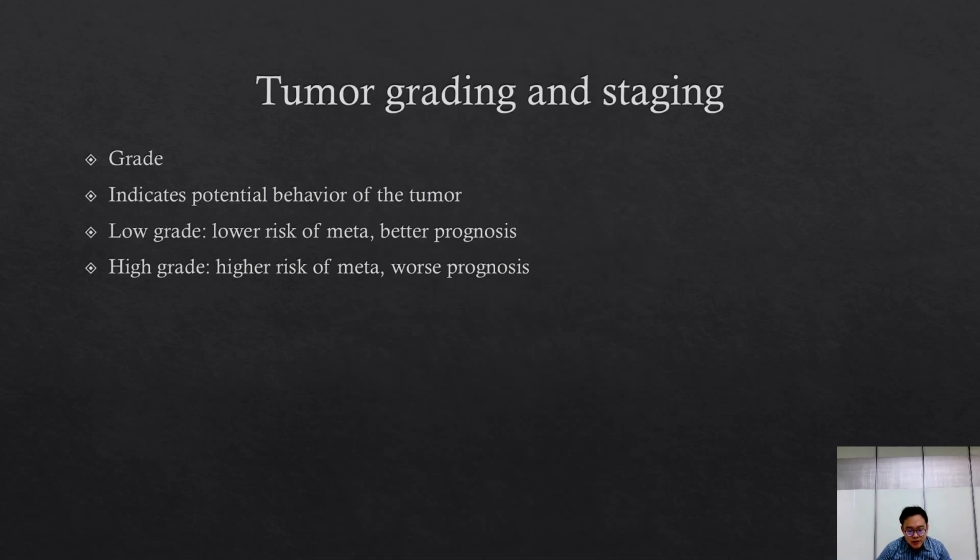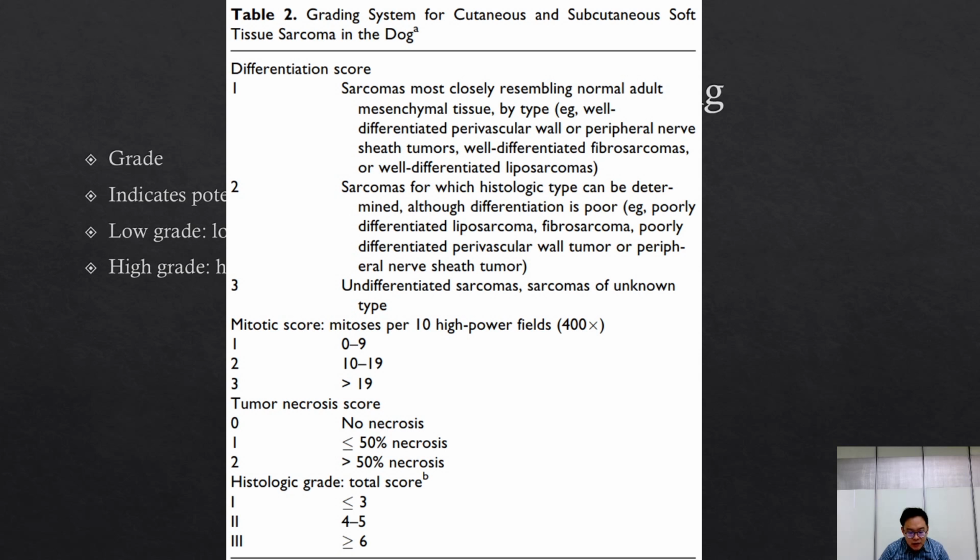The tumor grade is based on the analysis of the primary tumor. So for example, one of the tumors that we commonly grade is soft tissue sarcoma, and they are graded as grade 1, 2, or 3. Grade 1 being the best prognosis and grade 3 being the worst prognosis. And we use different features, just like I talked about how we diagnose it based on cellular features and how those cells are arranged in tissue.